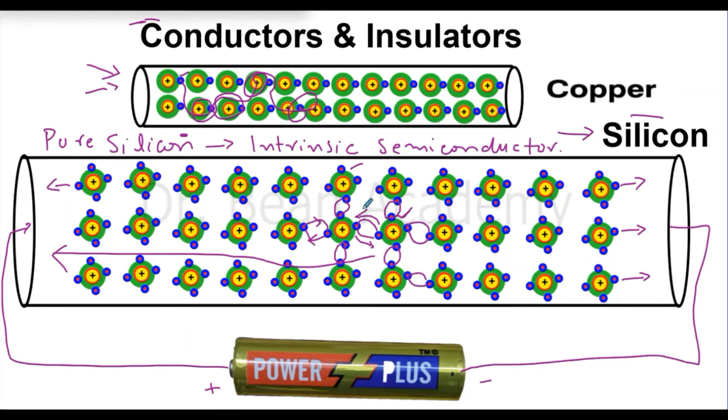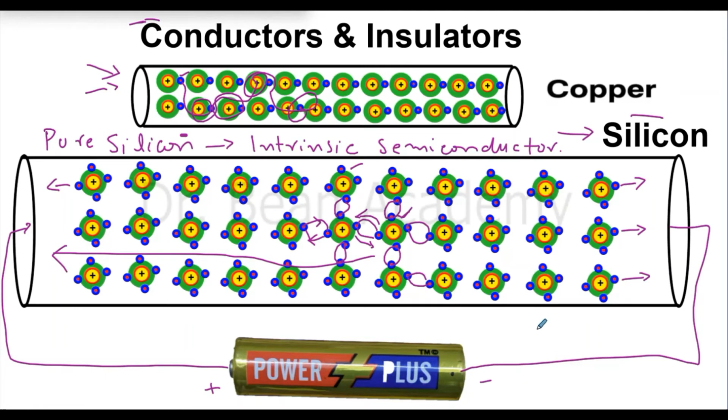And as I told you, what if I want to change the conductivity of this material, and I told you there is a smart way to do that, and we are going to discuss that right now. And before that, let me remind you once again that as we have seen, because of the covalent bonding, if I apply a potential difference across this material, we will not see any current flowing through it, because of the covalent bonding, electrons are not free.